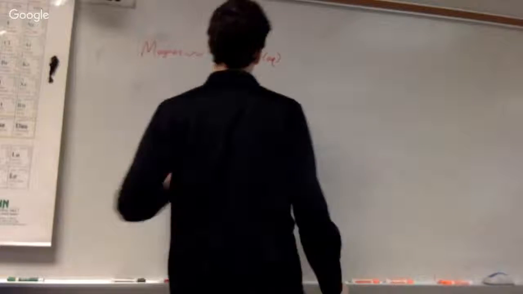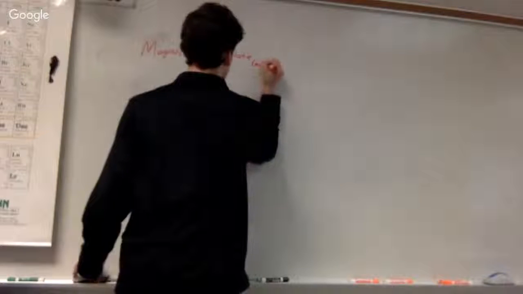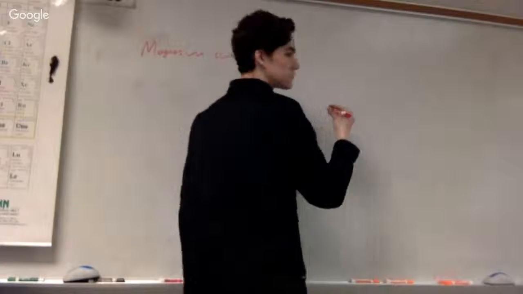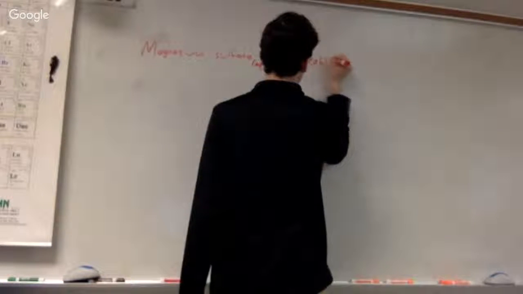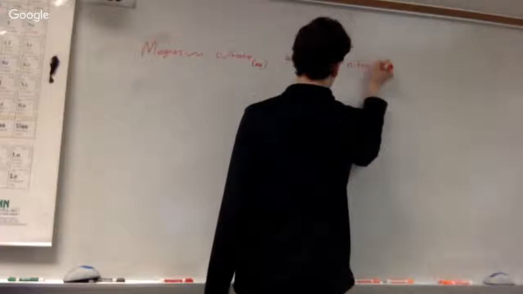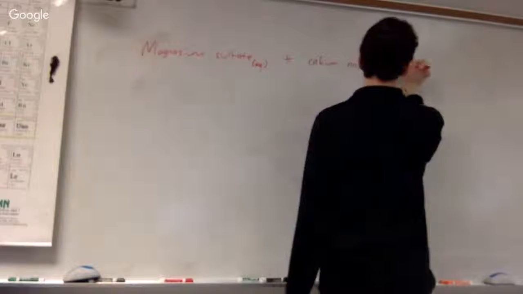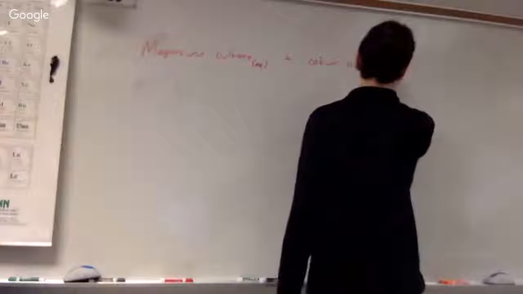Right next to the sulfate, just write AQ kind of down below. Plus calcium nitrate, soluble, and an arrow. You need to write aqueous next to the calcium nitrate.